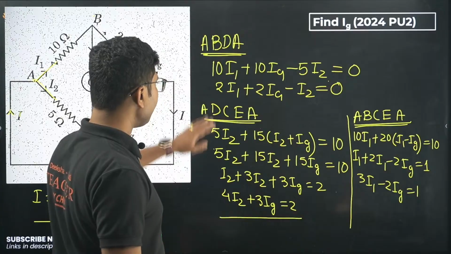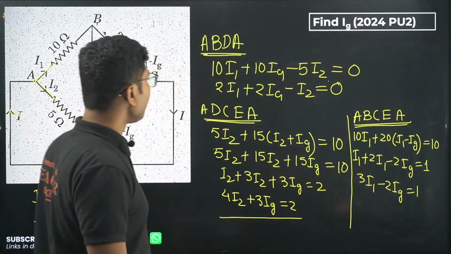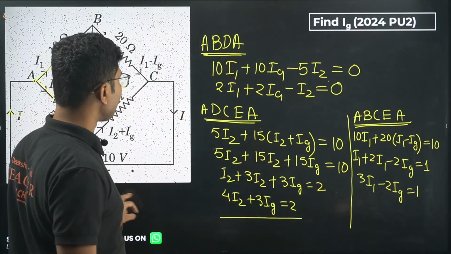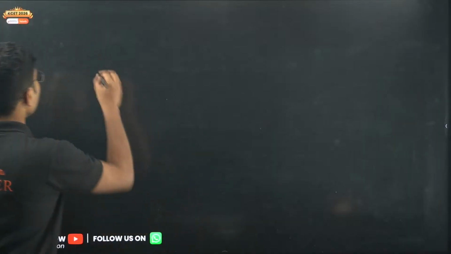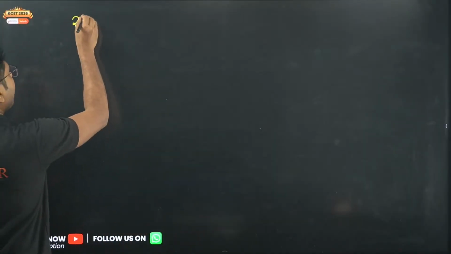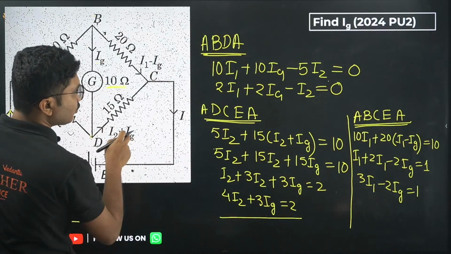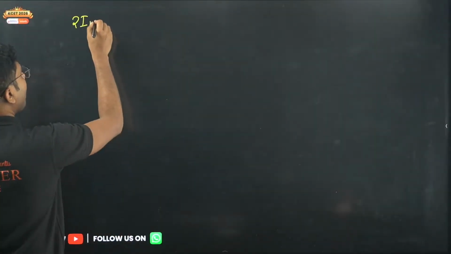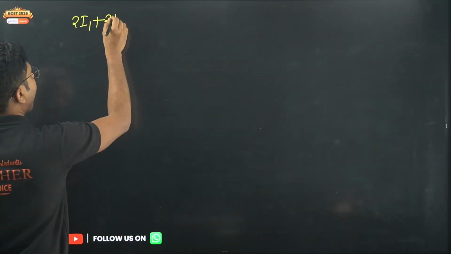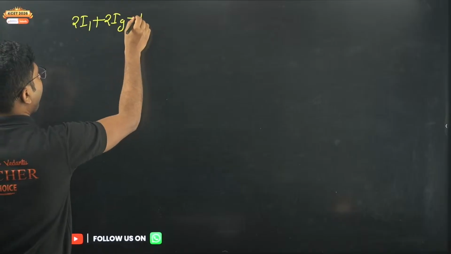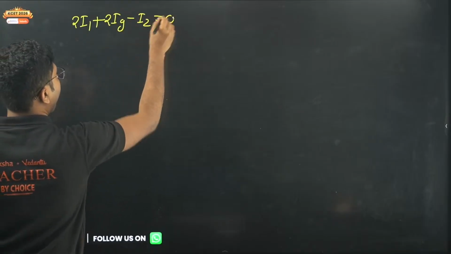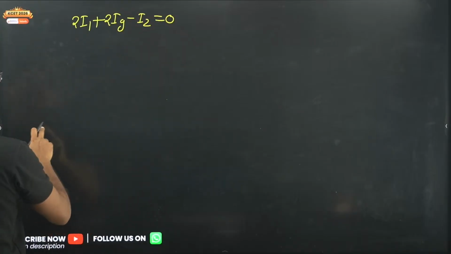So these are the three equations that we have got. Now we have to use these three equations to solve. So let me write the equations one by one. 2I1 plus 2Ig minus I2 equals 0.